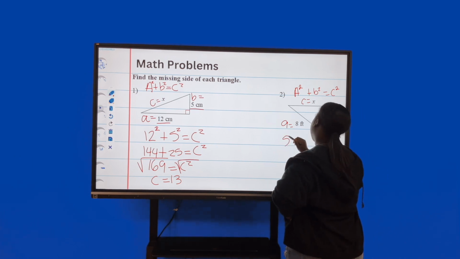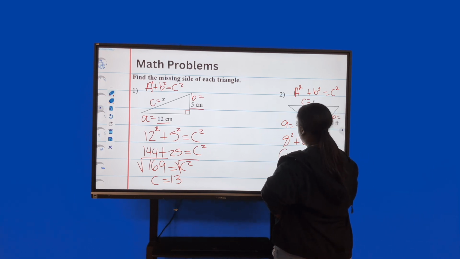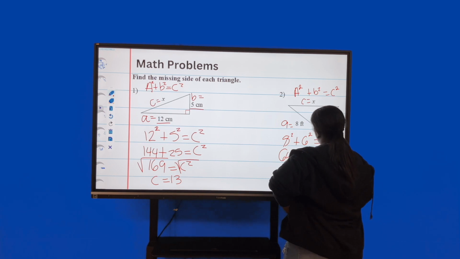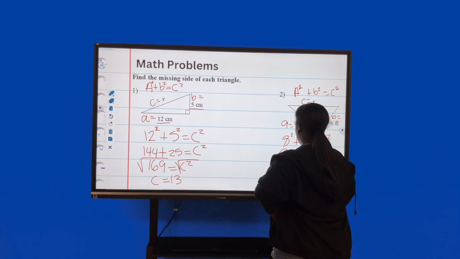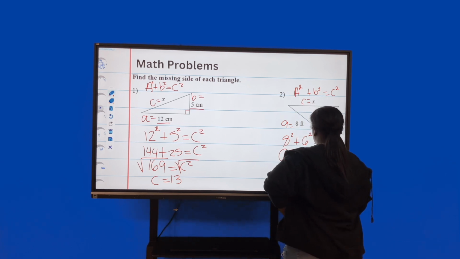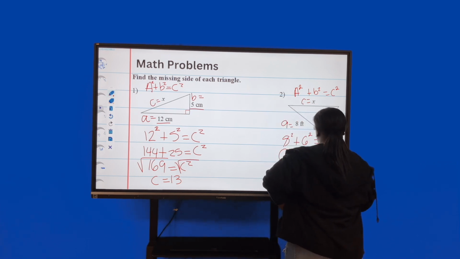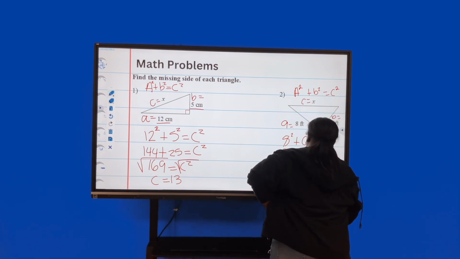So 8 squared plus 6 squared equals c squared. 8 times 8 is 64, plus 6 times 6 is 36, equals c squared. And now 64 plus 36 is 100, equals c squared. We're going to take the square root of 100 and also take the square root of c squared, and then c is going to give you 10.